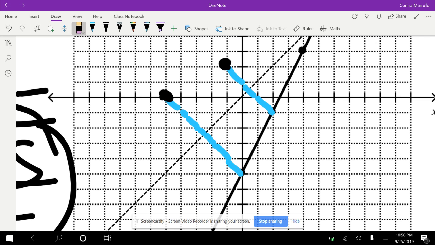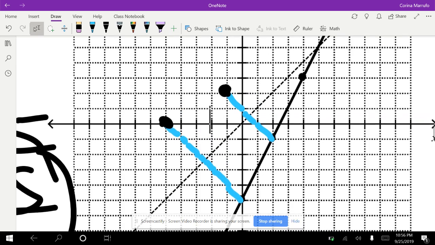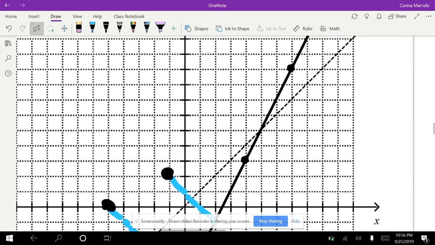This next point is just a half away, so we count out 1/2. And then the other half is on this point here. And this one is on the other side of it. So when we reflect, we go to the opposite side of that line.